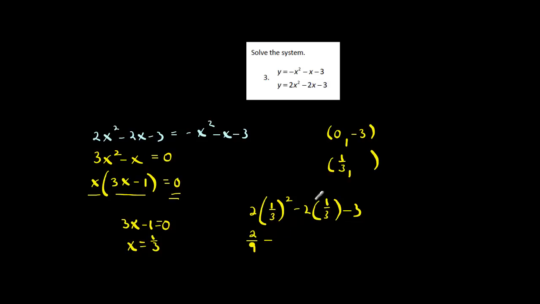This is 2/3, which is the same as 6/9. And then 3 is 27/9. So 2 minus 6 is negative 4. Negative 4 minus 27 is negative 31. So we have negative 31/9. And these are our 2 answers.